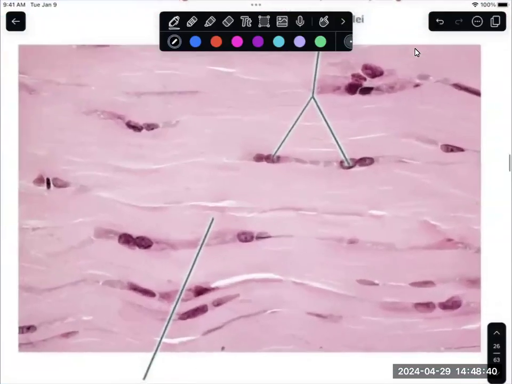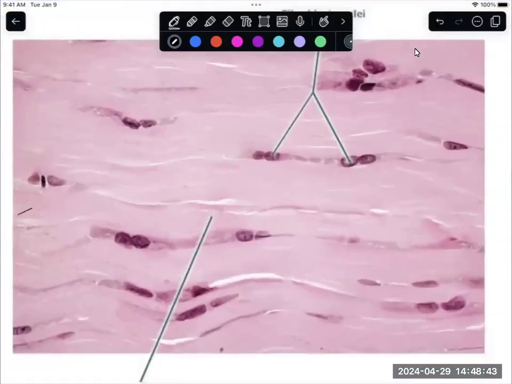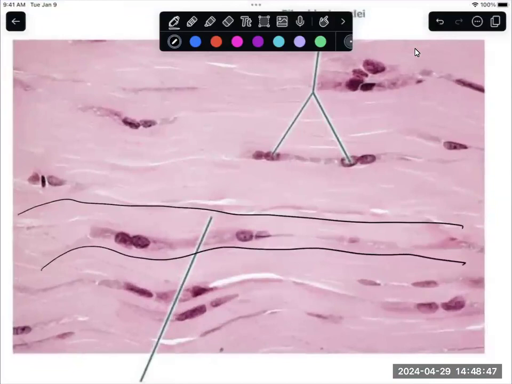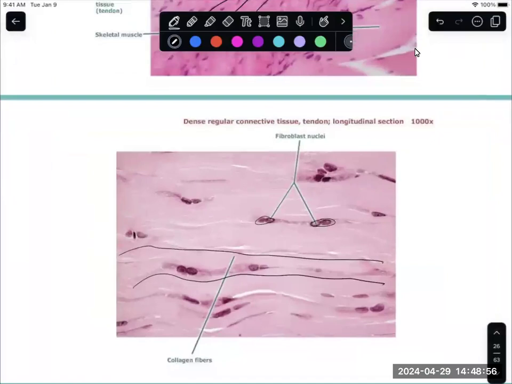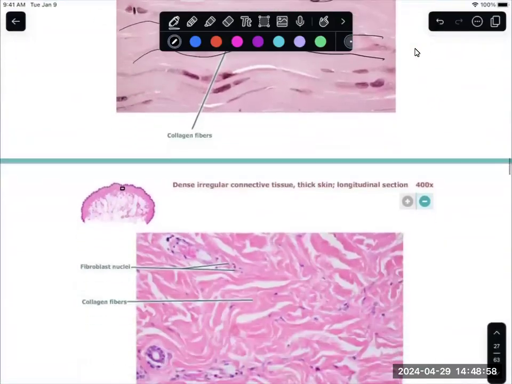Here's a better example. You see those long collagen fibers found throughout here. Then you see nuclei of these fibroblasts here, but they're more spread out. They're few and far between. That's that dense, regular connective tissue.